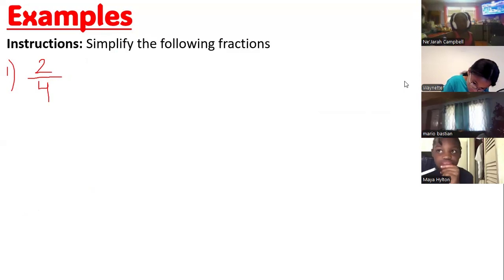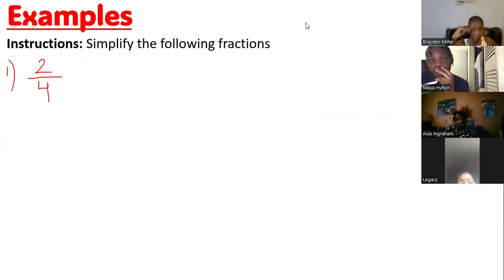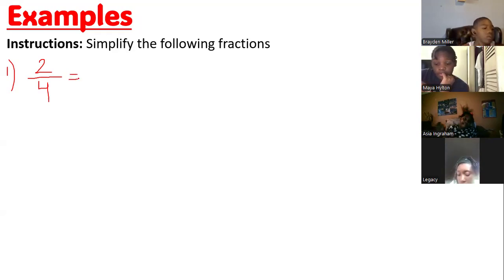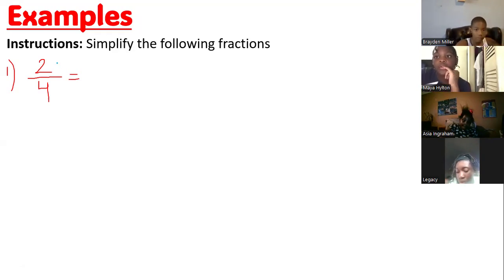2. 2, right? So 2 can go into both. Very good. So 2 could go into both 2 and 4 without leaving a remainder. So this is going to be equal to, we're going to divide the top number by 2, and then we're going to divide the bottom number by 2 as well.